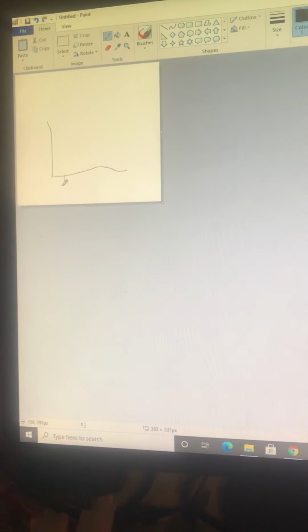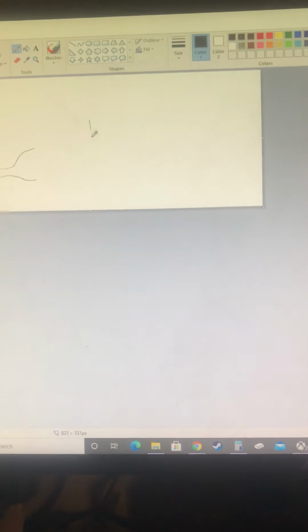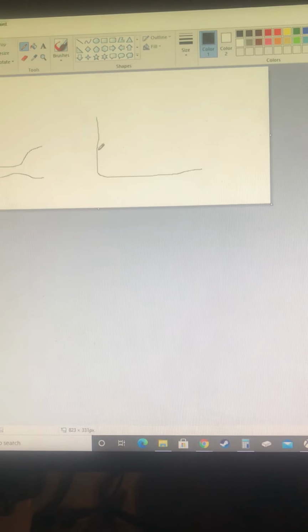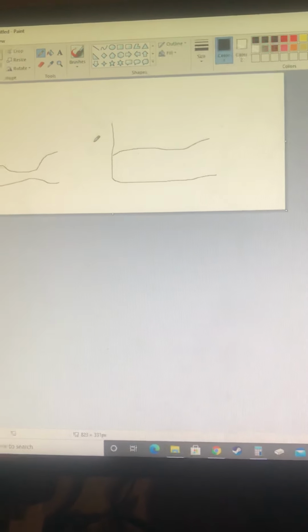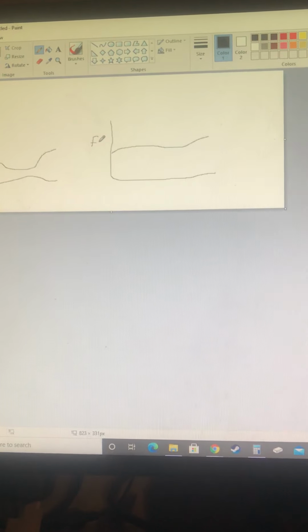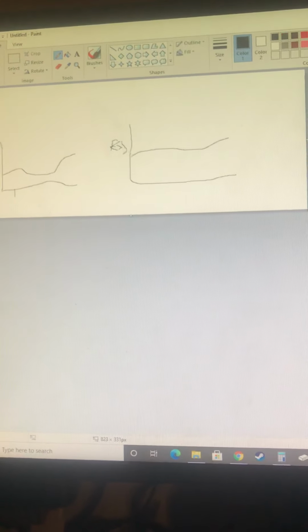Let's make this a little bit larger too. All right, so let's call this f of x. Terrible f of x, I know. I don't have a lot of experience drawing.